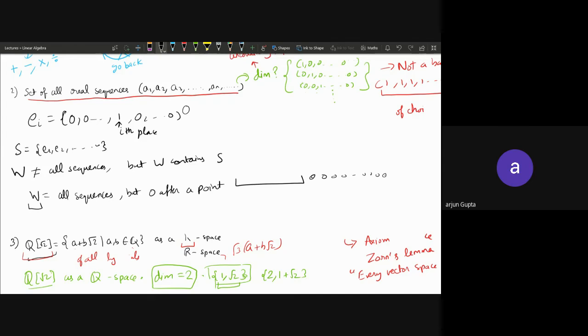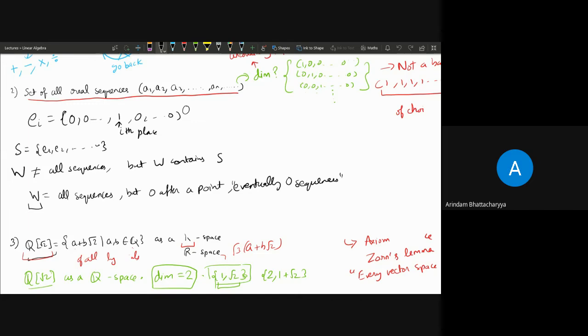Is the point after which it is zero fixed, or not fixed? It's not fixed. It can be after 1,000 steps, it can be after 1,000,000 steps, but after a while it is zero, right?